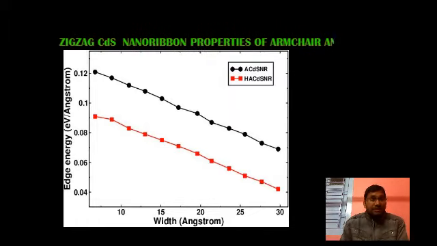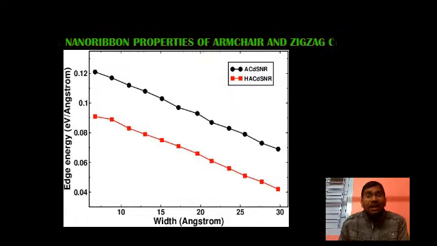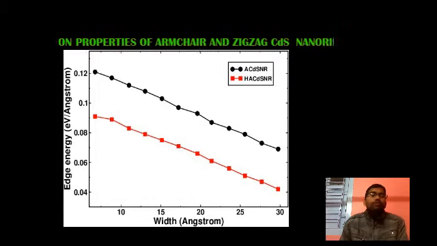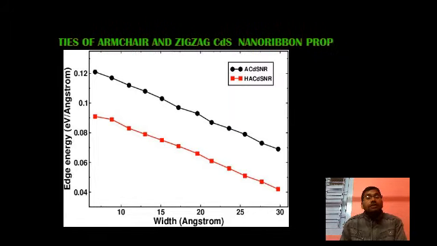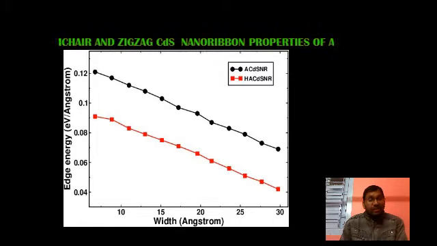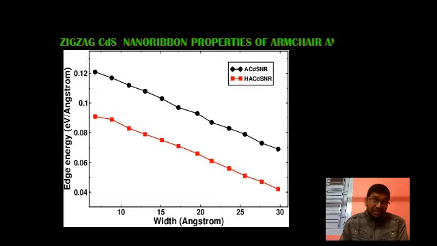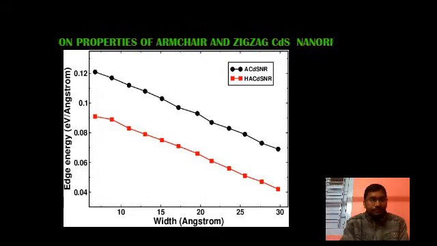The red line is for the hydrogen passivated nanoribbon. If we passivate the edge dangling bonds with hydrogen atoms, then we call it a hydrogen passivated cadmium sulfide nanoribbon, and we can see that its edge energy decreases after hydrogen passivation, meaning the nanoribbons become more stable after hydrogen passivation.